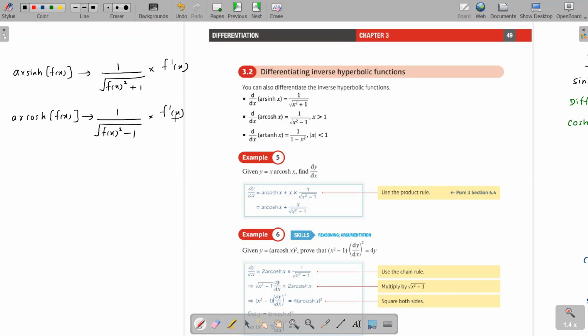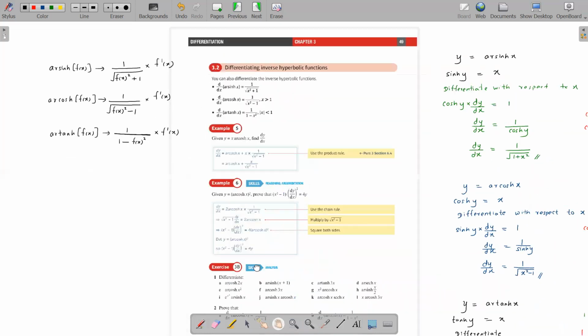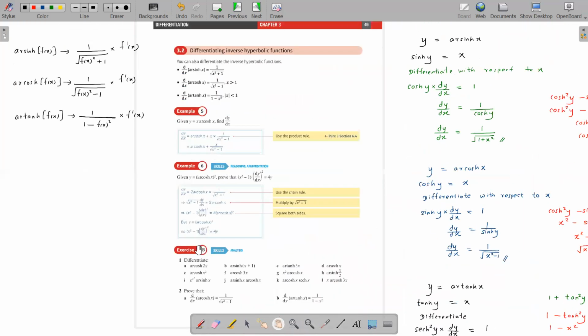Do you see what I'm doing here? Basically, you need to differentiate the f(x) function again, right? So this is the chain rule. And arc tanh f(x) is 1 over 1 minus f(x) square into f dash x. Okay, so these are the generalized rules.